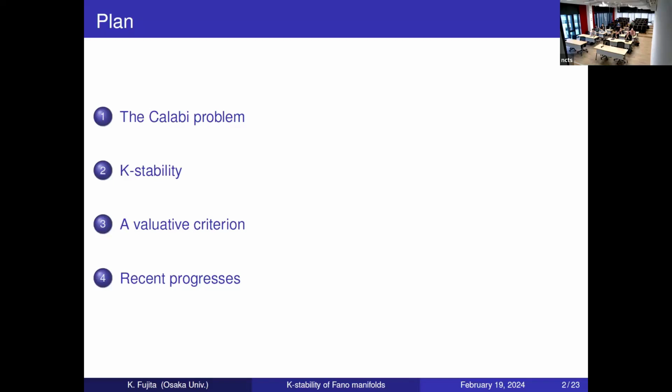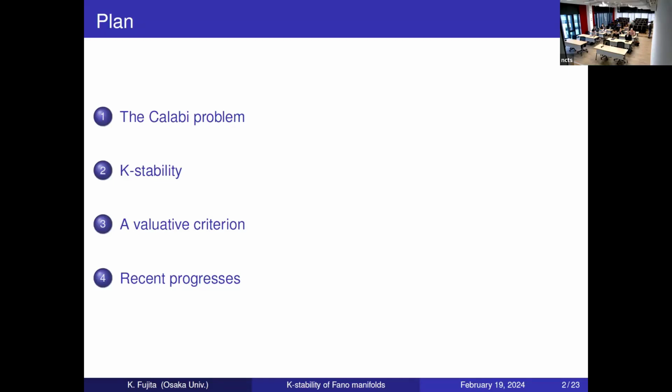Firstly, the main topic is that I would like to explain what is an evaluative criterion for K-stability of Fano varieties. The K-stability of Fano varieties is motivated by the Calabi problem. It comes from differential geometry.